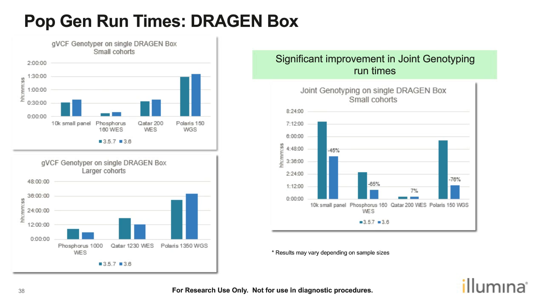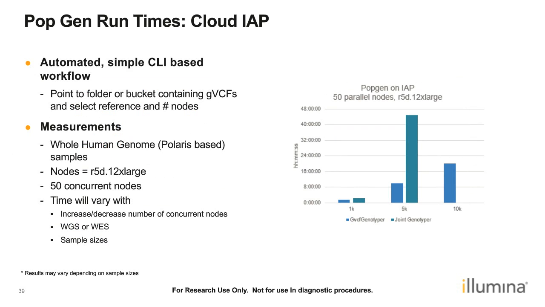Again, this one is showing if you're running this kind of cohorts on the cloud, on our Illumina Analytics Platform environment, then for 1,000 samples, if you are running the GVCF genotyping and the joint genotyping, we're able to do that analysis very, very quickly. You can see here it's within a couple of hours.